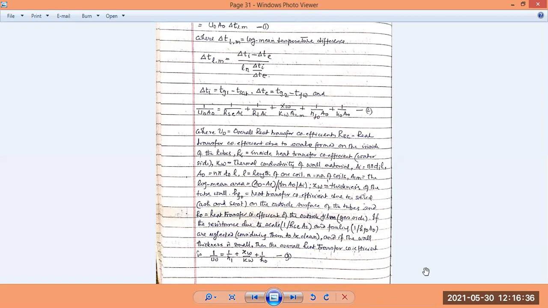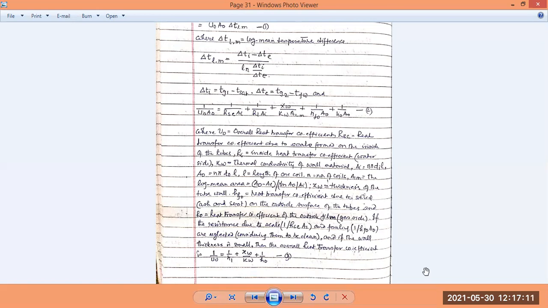Now AI is n pi di into L, where pi di is the inner circumference, multiplied by the number of tubes, multiplied by the length. A0 is equal to n pi d0 into L, L being the length of one coil and n the number of coils, and A log mean is the log mean area.